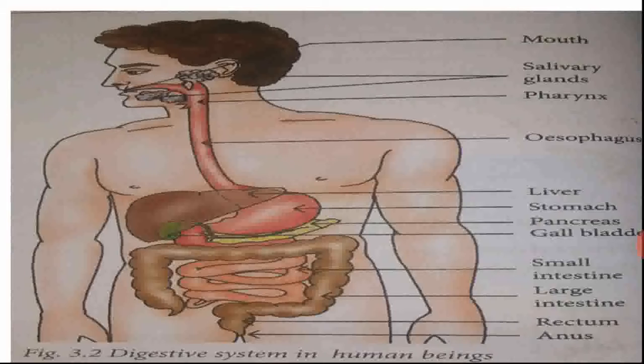Now the second part of the digestive system, as I have told you, is the associated digestive glands. The associated digestive glands are the salivary glands, liver and pancreas.